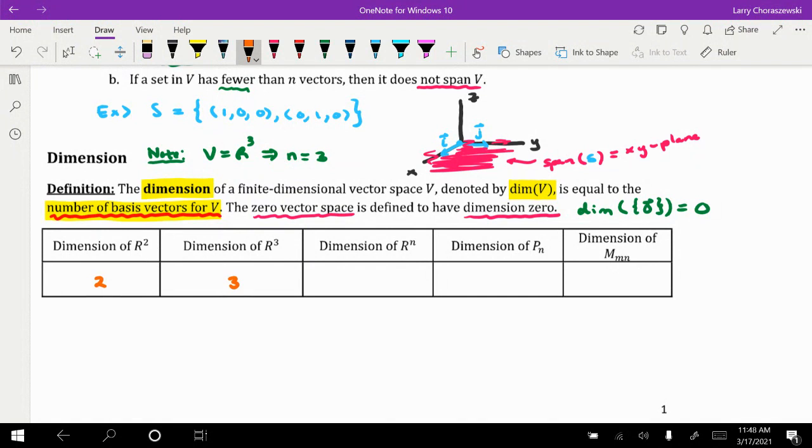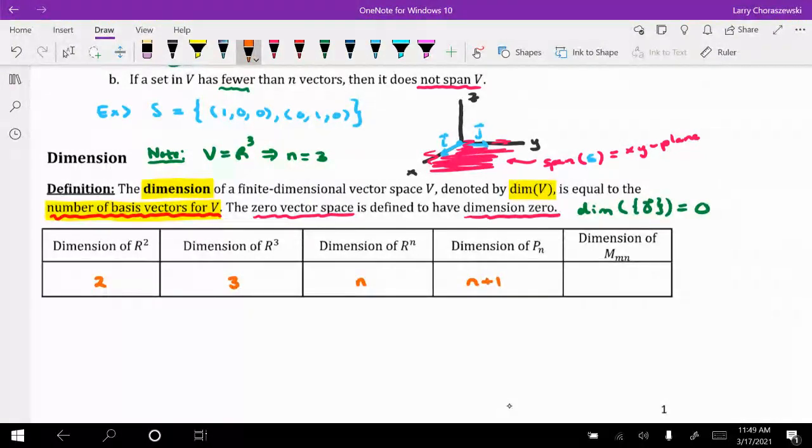Anybody want to type in the chat what the dimension of Rn is? Yep, n. All right. Careful on this one. What is the dimension of P sub n? You got it.